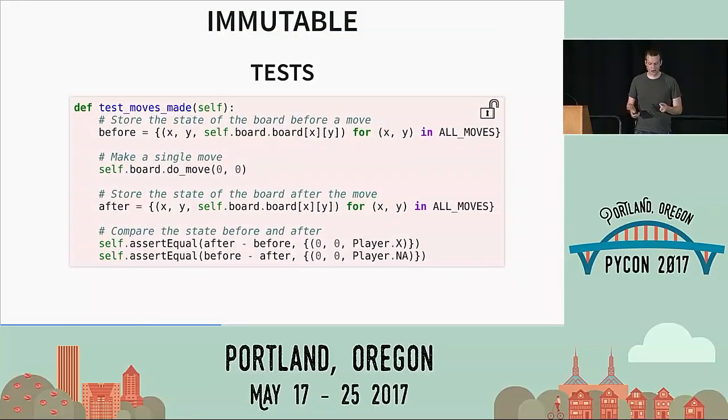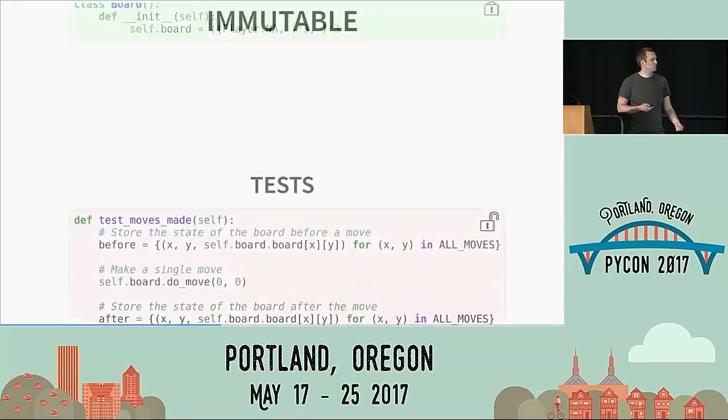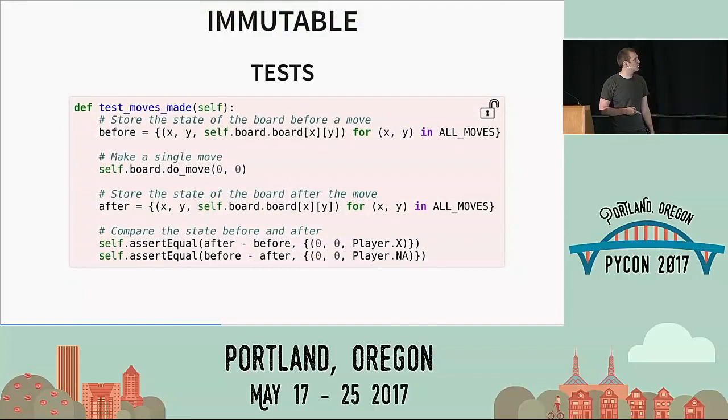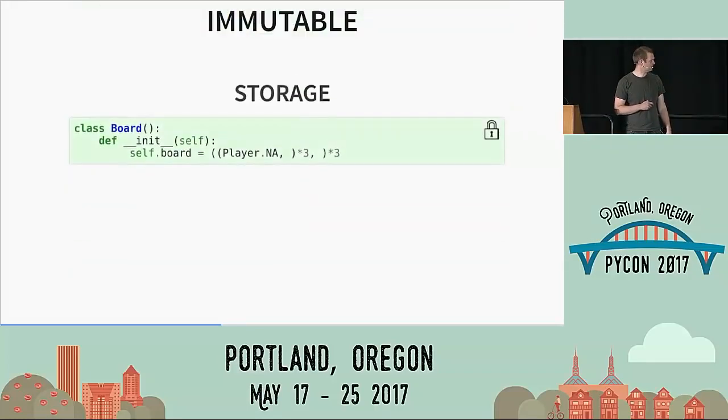And we can see that, so that's the setup. That's maybe a fix. We can actually go further. We can make the whole board state immutable, and we can see that cleans up the tests a lot too. Right? If we have a board state that we initialize, and then making a new move just gives us a new board state back and doesn't modify the original, then we can compare them.